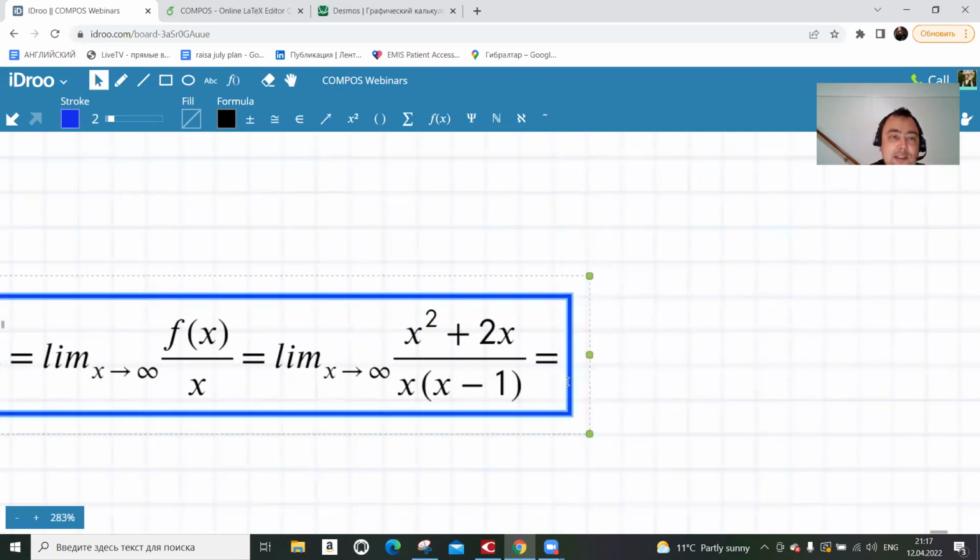Why doesn't it approach? Oh, it is affected. x plus 3 also approaches infinity, but x plus 3 and x plus 3 plus a very small number are pretty much the same thing.